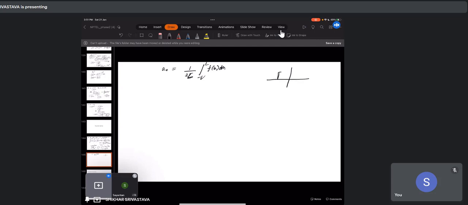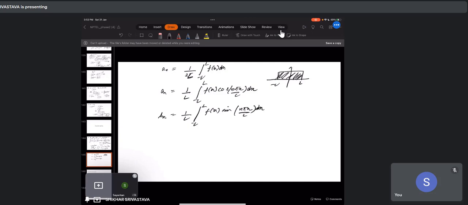We know this integral represents the area under the curve from minus L to L. And an is simply 1 by L, integral from minus L to L of f(x) cos of n pi x by L dx, and bn is 1 by L, integral of f(x) sin of n pi x by L dx. So this is the general way of getting the three coefficients a naught, an and bn of the Fourier series.